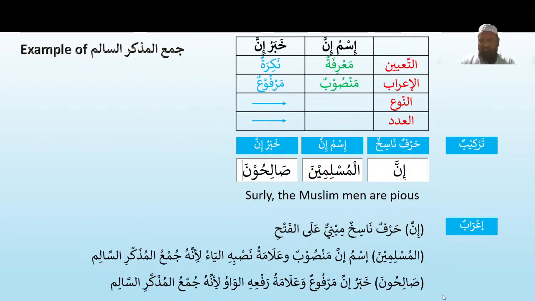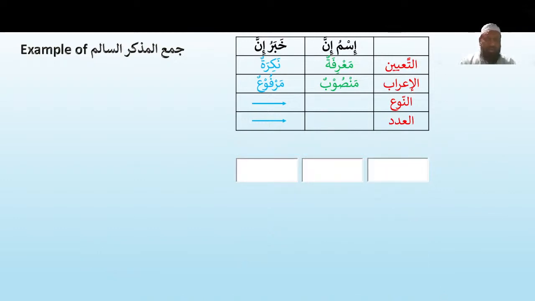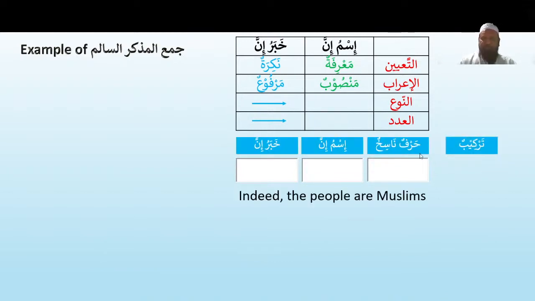Let's look at another example of Jam' al-Mudhakkar al-Salim. Let's see what is the example. Inna, the people. There are two words we can use. One is an-nas, the people. An-nas can also mean mankind, but we want the people.